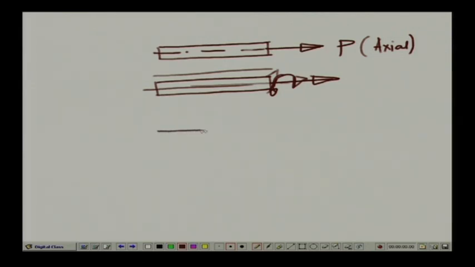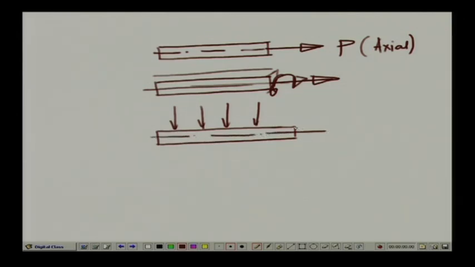Whereas, in members designated as beams, the loads are acting in the transverse direction, which is perpendicular to the axis of the member. Also, if we look into the moments which can act about these two axes, if the moment acts about this particular axis, which is in the plane of the cross section, the vectorial direction is perpendicular to the axis of the bar.